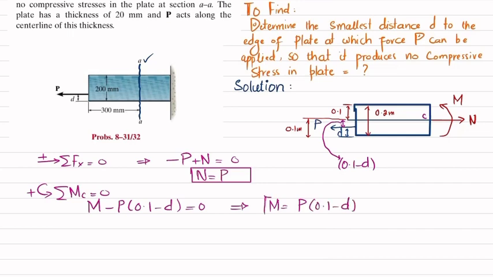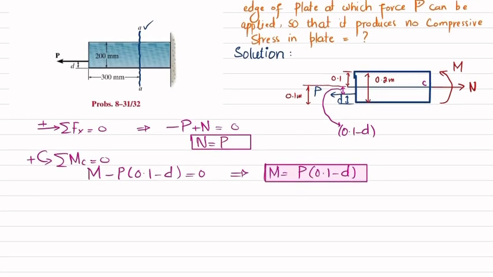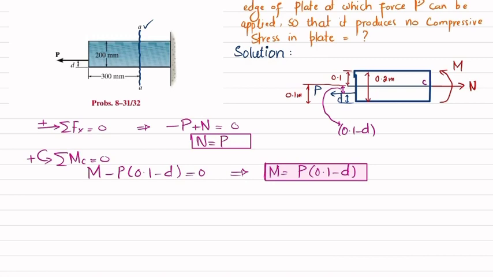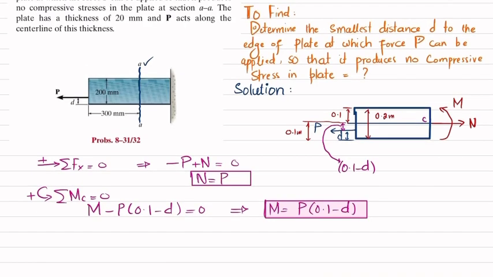So from here you will get this external moment M equal to P times (0.1 minus D). Now this is the moment equation. We are going to find out the bending stress. You can see that now we have two stresses: one due to the normal force and the other due to the moment. If you transfer this force to the center line, P will be like this, and there will be a moment as well. So this case is now combined loading.